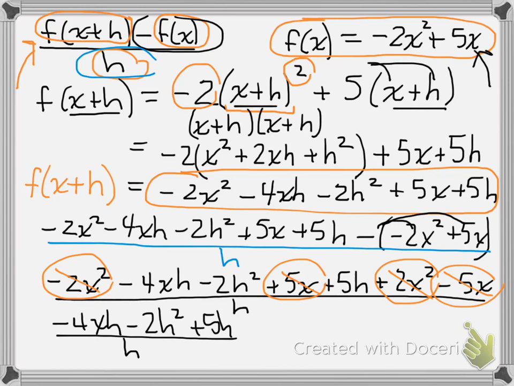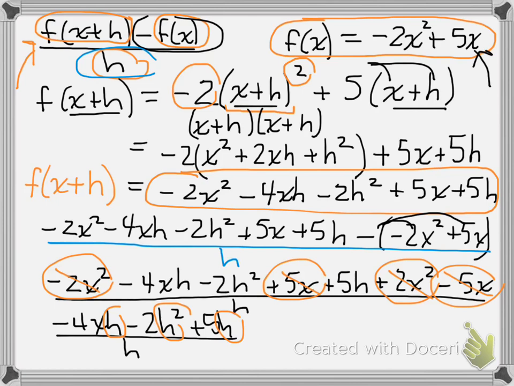Now we need to figure out, can we simplify that thing anymore, or is that our answer? Well, it turns out if you look at the top, you see that there are h's in all of the pieces. So that means that we could factor out an h, and then that h could cancel with the h that's on the bottom.